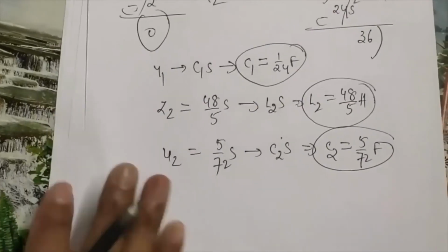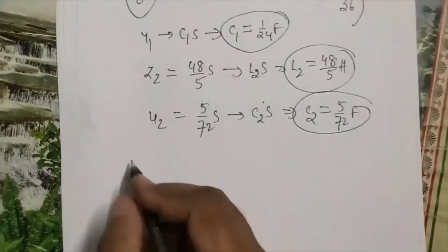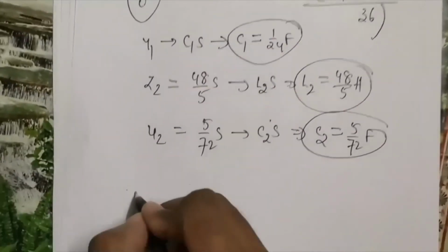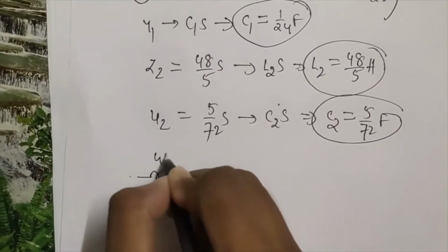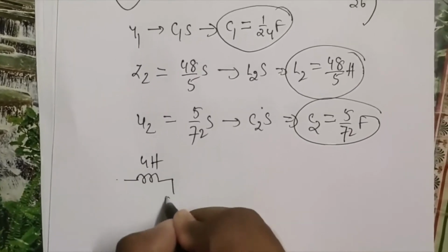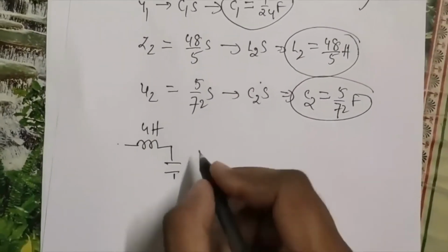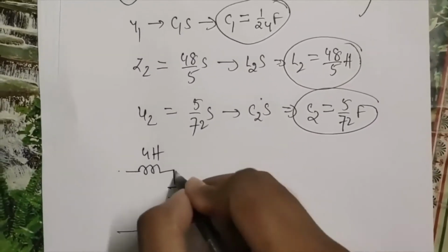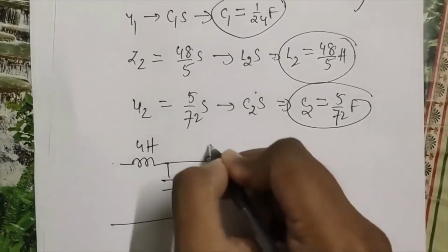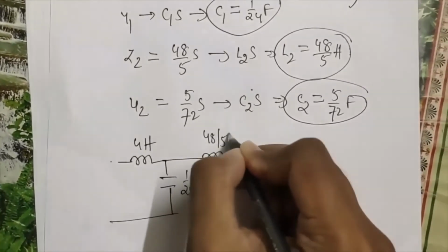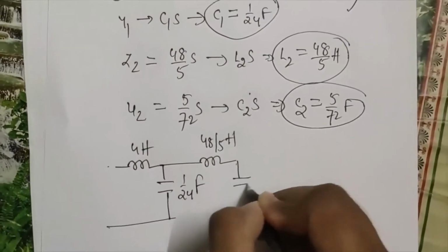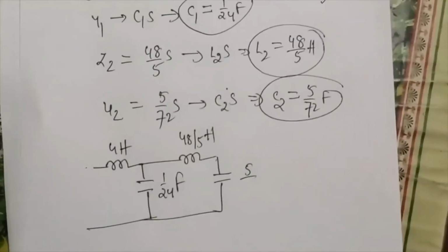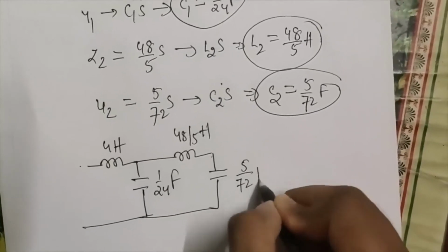So the ladder network, the first term is an inductor 4 henry, the second term is a capacitor 1 by 24 farads, the third term is an inductor of value 48 by 5 henries, and the last term is a capacitor 5 by 72 farads.